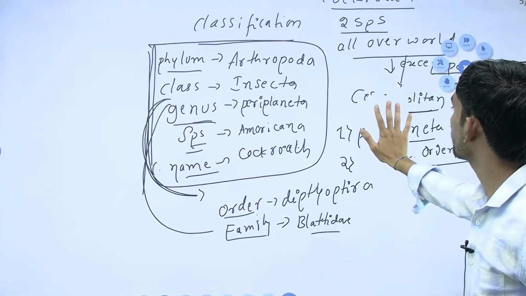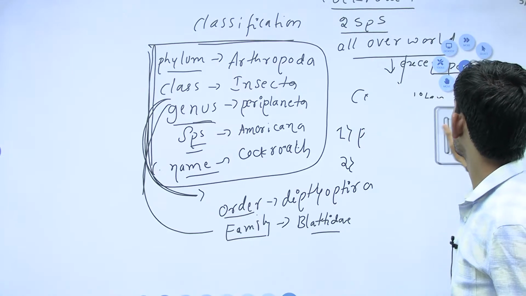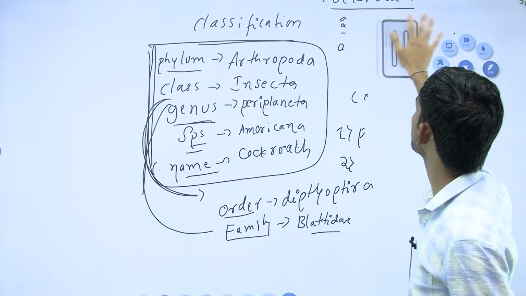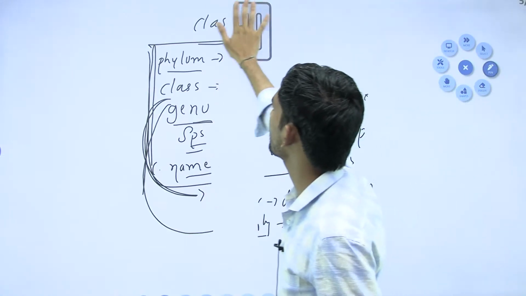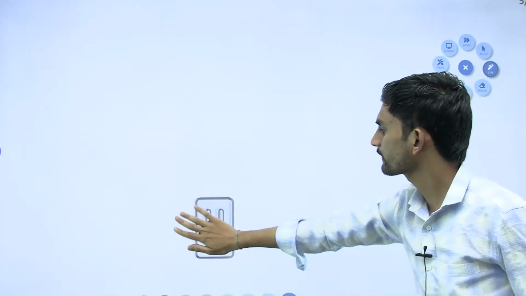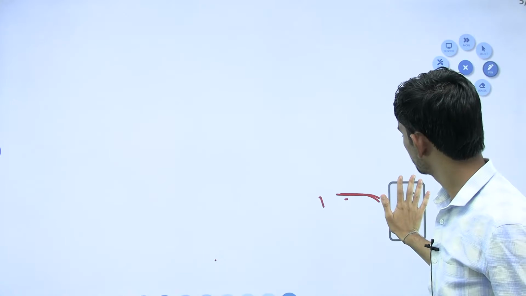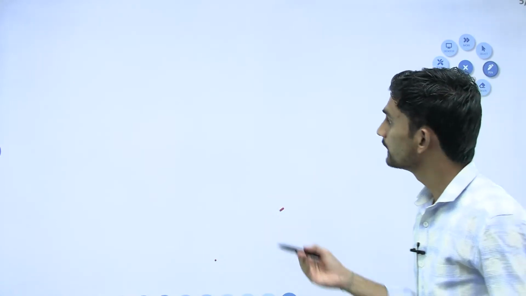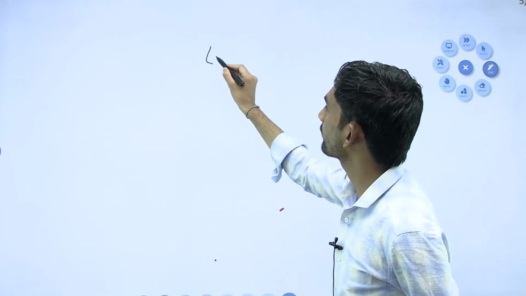Next, in morphological features, some important morphological features are there. You have to compulsorily remember these. Write them down.